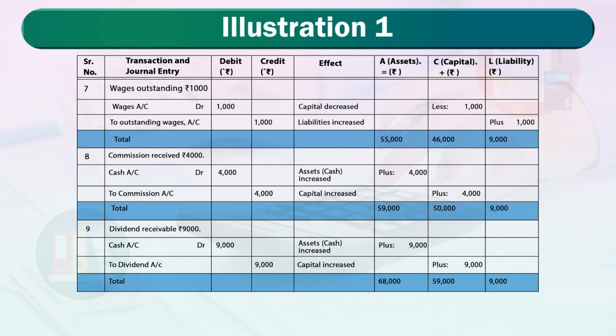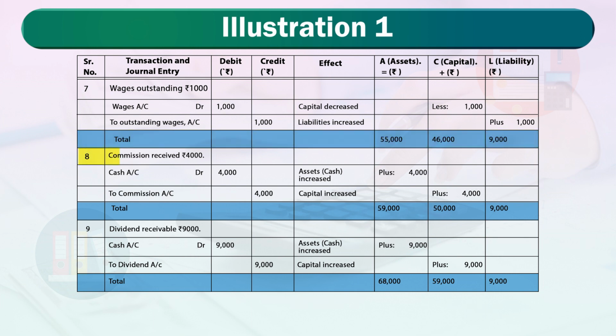Here capital is decreased by the amount of 1,000 as wages is our expense, and liability of 1,000 is increased as these wages are outstanding as of now. So we are reducing 1,000 from the capital and adding 1,000 in the liability. So the accounting equation will remain the same: 55,000 of assets equals 46,000 capital plus 9,000 liability.